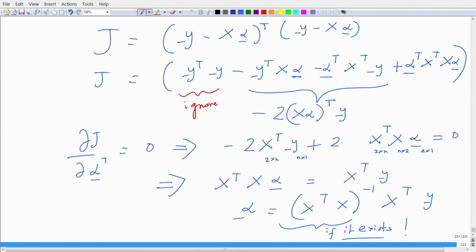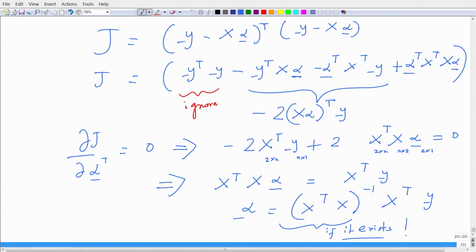You do a little bit of algebra and we get this quantity, which is minus 2 times the matrix X transposed y plus 2 times the matrix X transposed X times this vector alpha equal to 0.